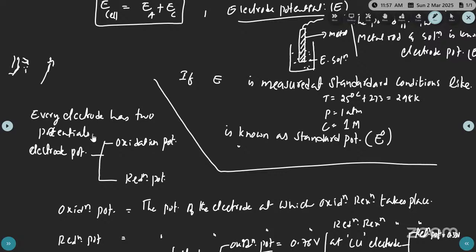Write this: every electrode has two potentials, oxidation potential and reduction potential.